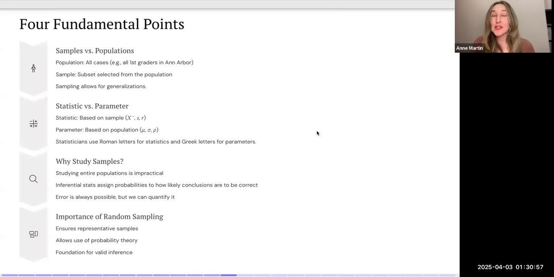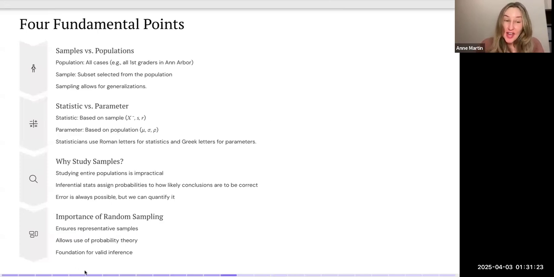Statistic versus parameter: a statistic describes the sample, whereas a parameter describes the population. Due to logistics, it's oftentimes impossible to study an entire population, and that's why inferential statistics relies on using a sample to understand what's happening beyond just that sample.